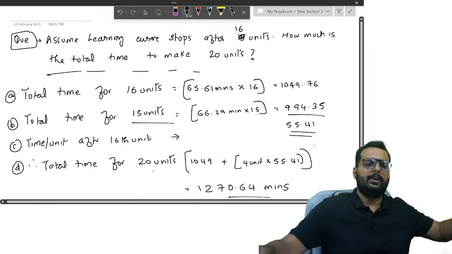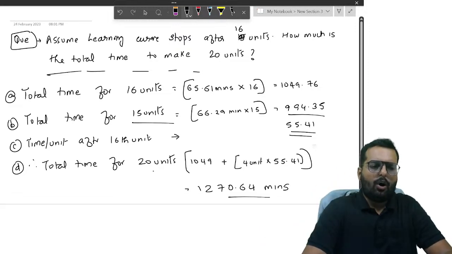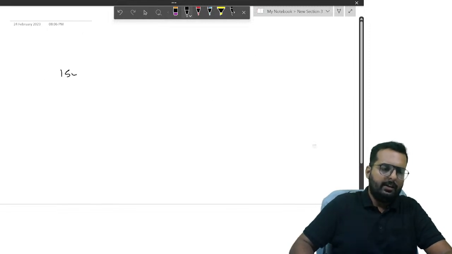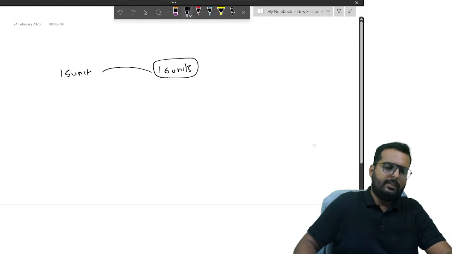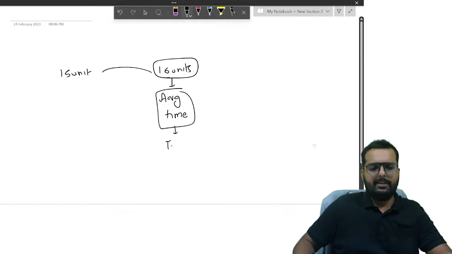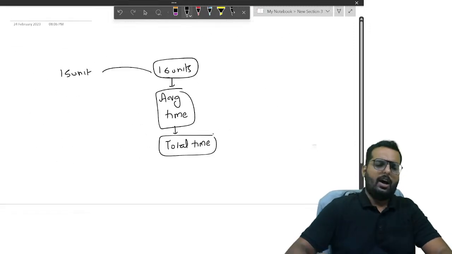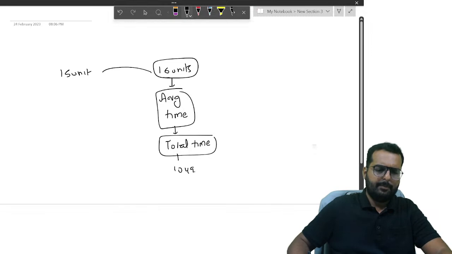Okay, so I'll explain that to you. Learning curve stopped at the 16th unit means you make 15, and after this, you make 16 units. Correct. So for 16 units using the learning curve equation, I can only find out the average time. From this average time, I can find out the total time. So what was the total time taken for 16 units? Around 1049 minutes.